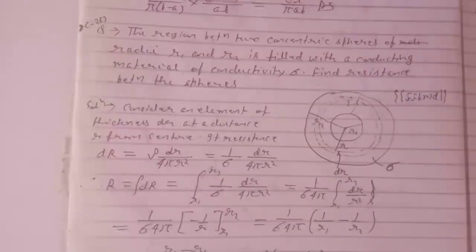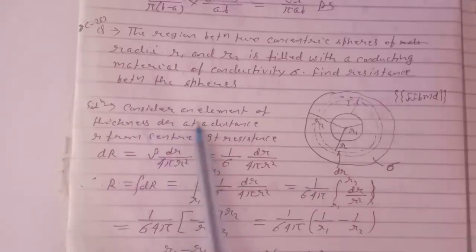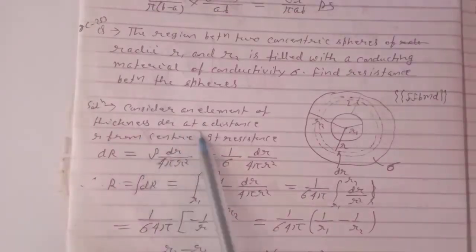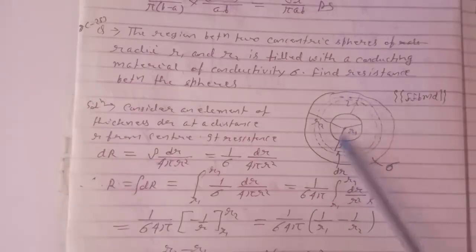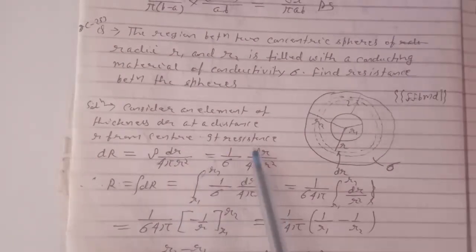So it can also be solved with the help of an elementary form. For example, consider an element of thickness dr. We are taking an element of thickness dr at a distance r from the center, and its resistance will be given.